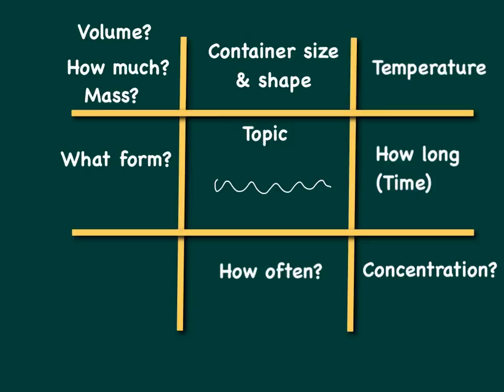So let's have a look at some general things that can change in science. In our science lab, we have used lots of chemicals, and the chemical can be in different forms. Is it a crystal? Is it a liquid? Is it a solid? Is it a powder?